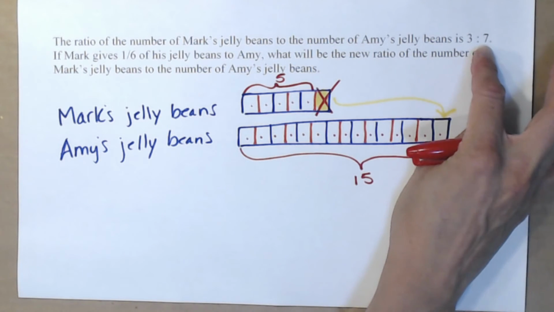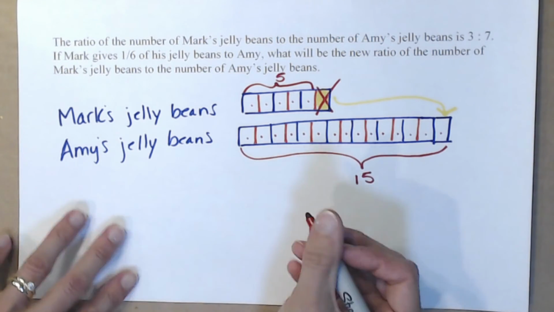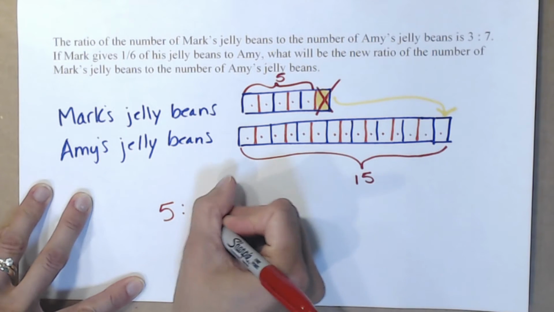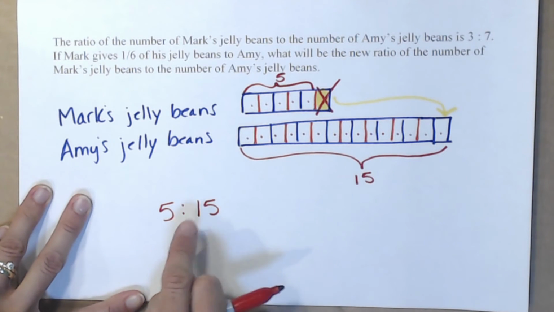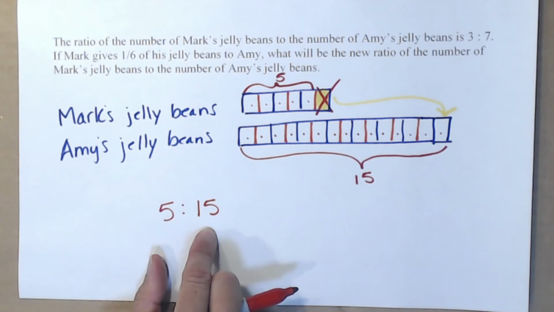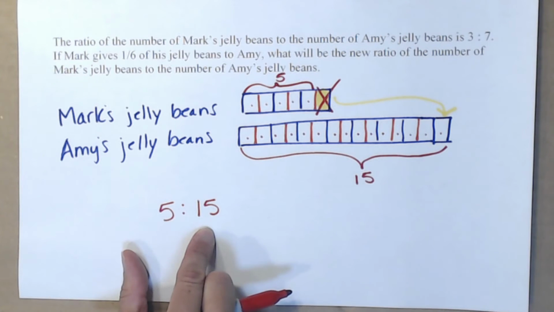We split them in half, 14, added 1 part from Mark's, 15. So now we have a ratio of 5 to 15. For Mark's 5 jelly beans, Amy would have 15. For every 5 jelly beans that Mark has, Amy has 15.